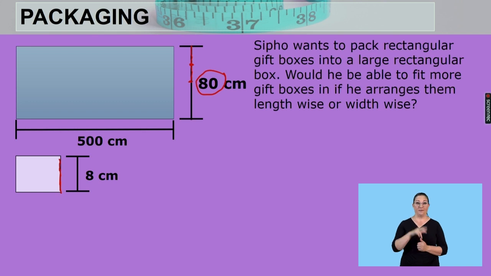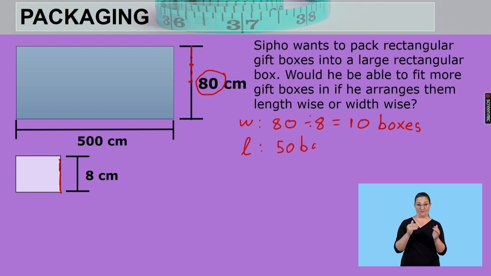I've got to take the 80, so this is the width, and divide it by 8, so I can figure out how many boxes can fit across. And in this case, that was 10 boxes. If we go back, we remember the length was 50 boxes.